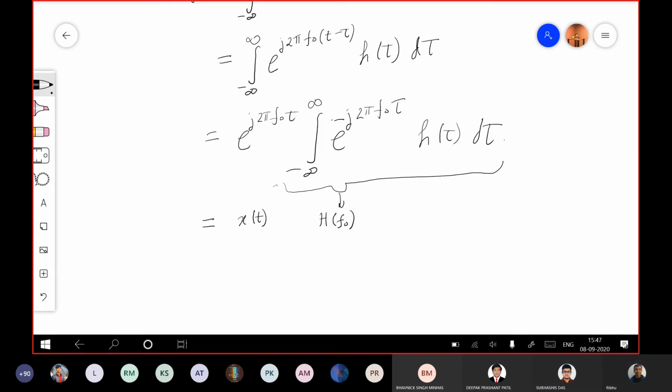Yes, sir. So what we see is that if to a linear time invariant system we feed a sinusoid at the input, we'll get a sinusoid at the output. You feed a complex sinusoid at the input, you get a complex sinusoid at the output, multiplied by a constant. For a simple sinusoid, you'll get a scaled version of the same sinusoid, right?